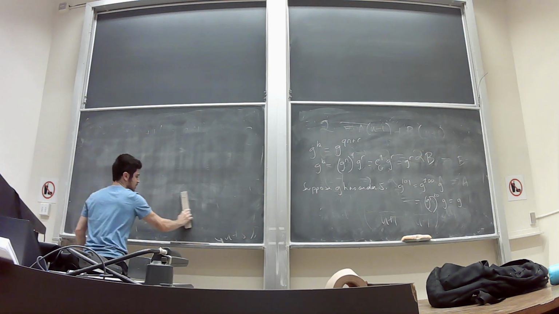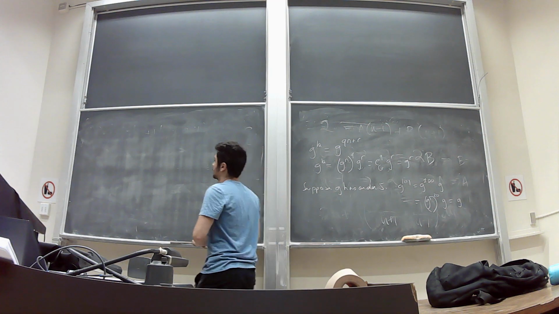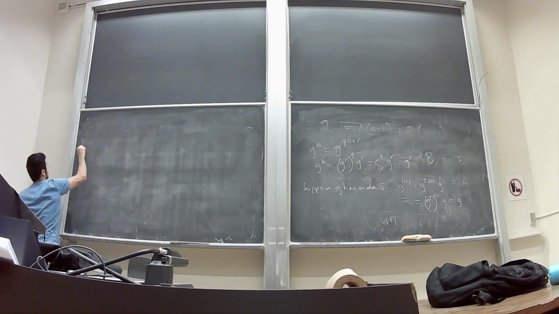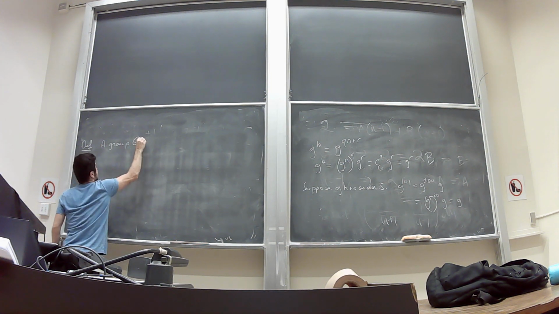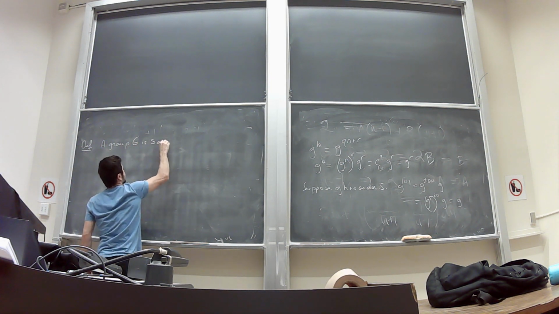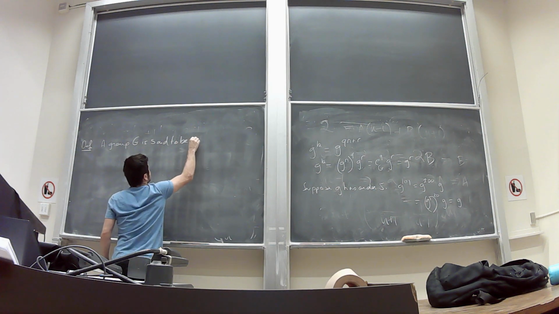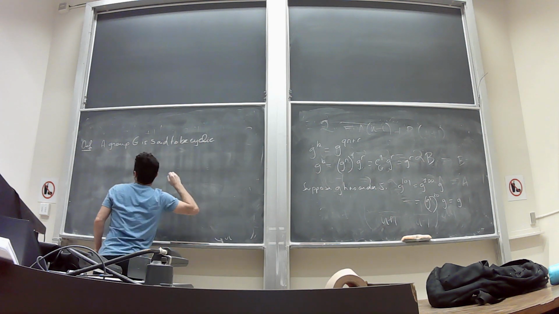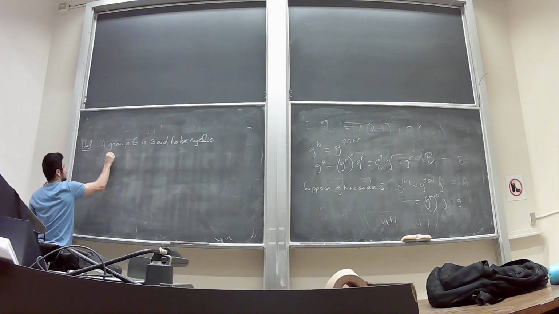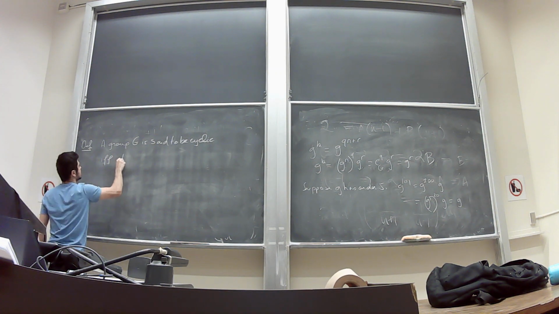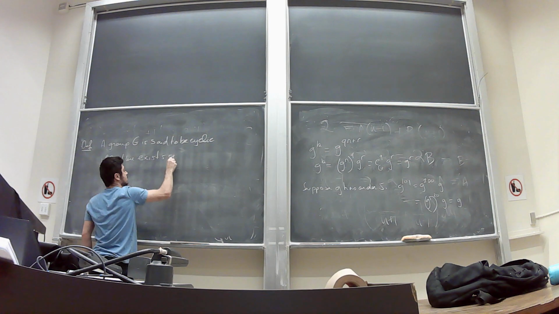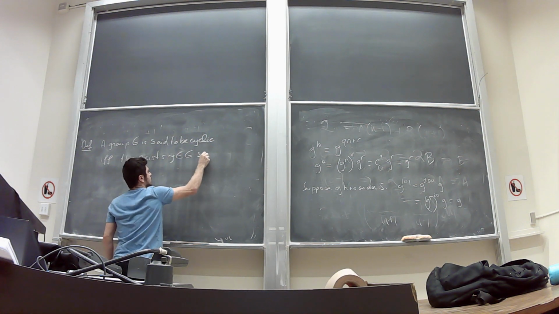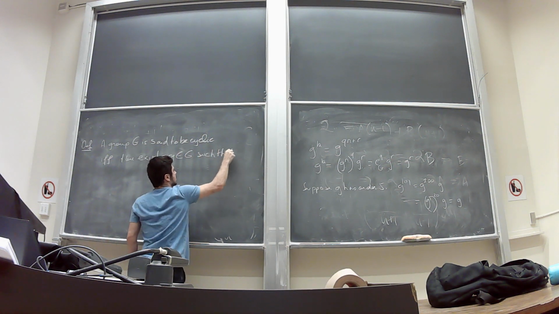Okay, now the definition of a cyclic group. A group G is said to be cyclic if and only if there exists g in G such that G is the set of powers of g.